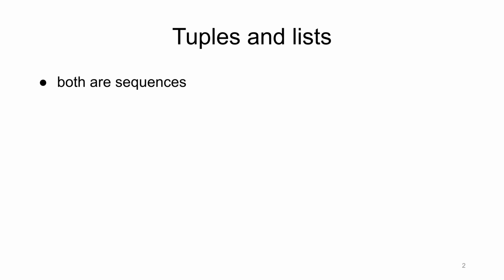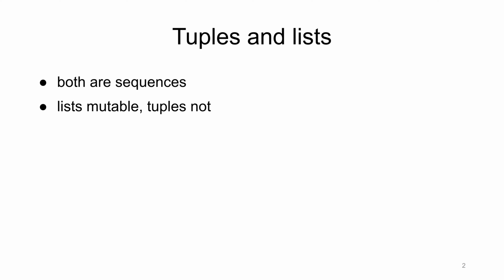So what they have in common is that both are sequences. That is, they usually have more than one value, and the elements are arranged in some order. These are the defining criteria for sequences. The difference between them is that lists are mutable, while tuples are not.